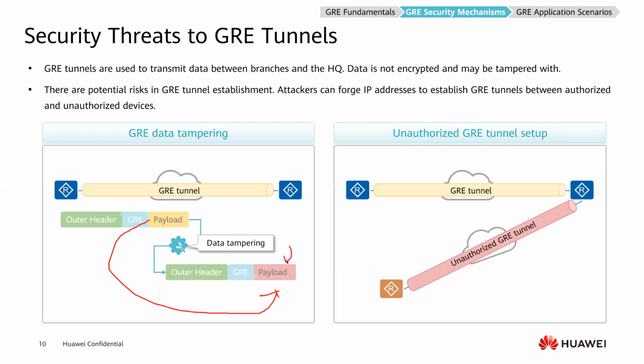So there is a chance that your packet will be modified. Another is that some attacker tries to send packets to you, but it is not allowed, because I am not going to create a GRE tunnel with this attacker. Those are the two risks for the GRE tunnel.